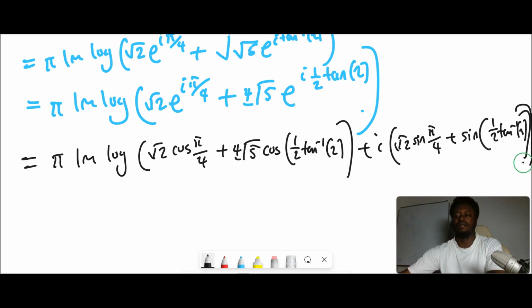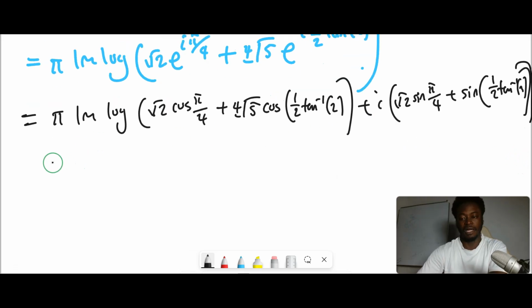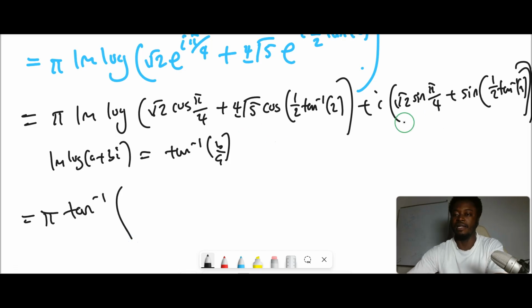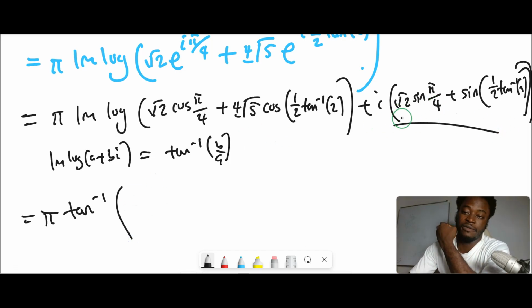Again, we know that the imaginary part of the logarithm of a plus bi is tan inverse of b over a. So essentially this whole expression is pi times the tan inverse of b over a. This is the b part. The square root of 2 times sine pi over 4 is basically 1.